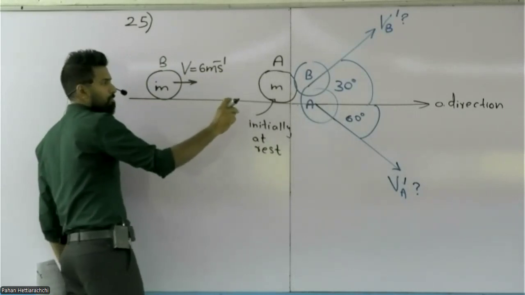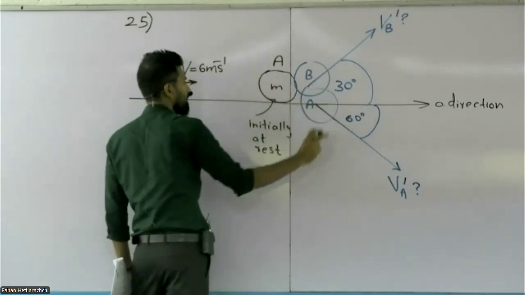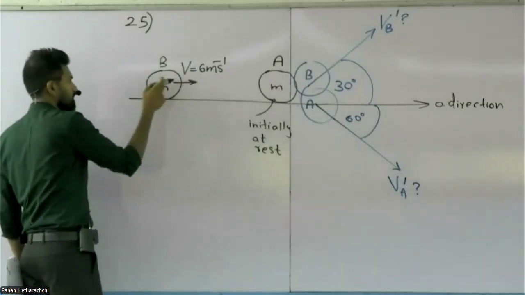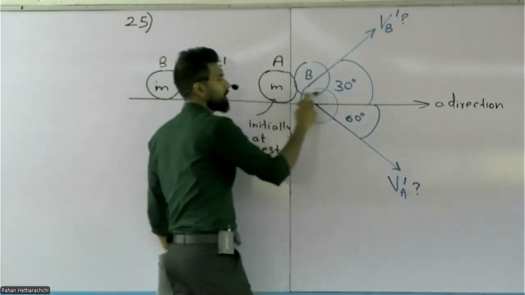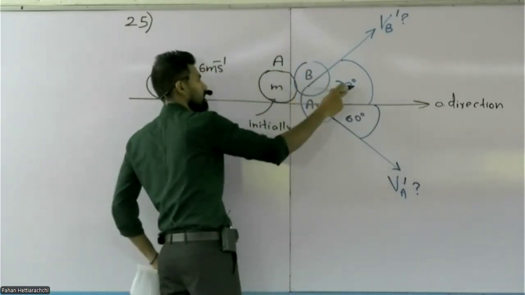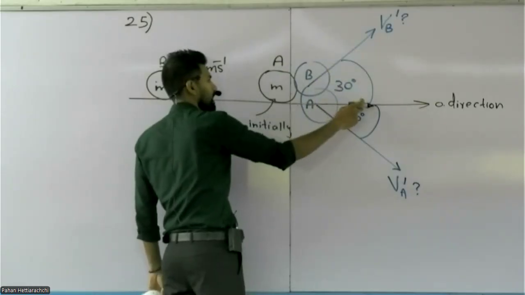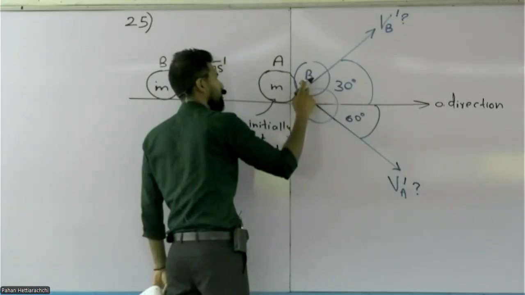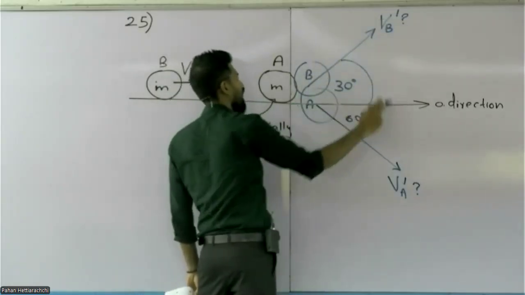After the collision, ball B and ball A move in separate directions. If we consider ball B's initial direction as the original direction, after the collision ball B has moved in a direction creating an angle of 30° with the original direction, with an unknown velocity, let's say VB dash.